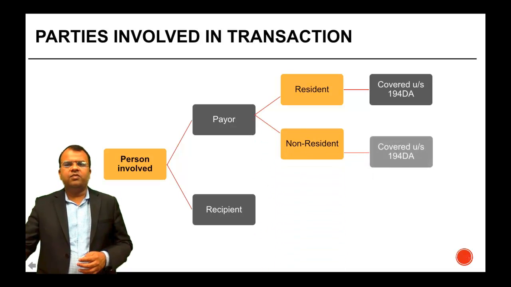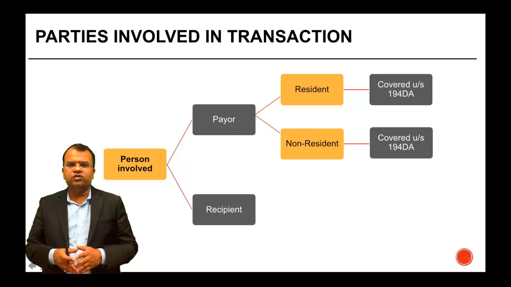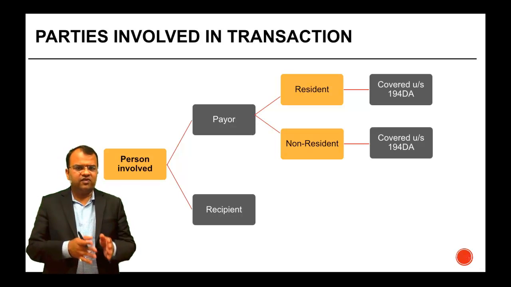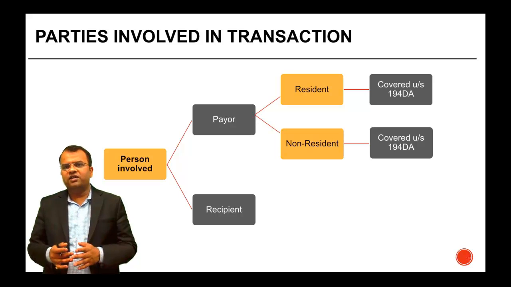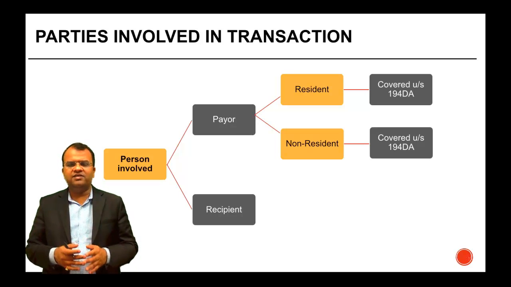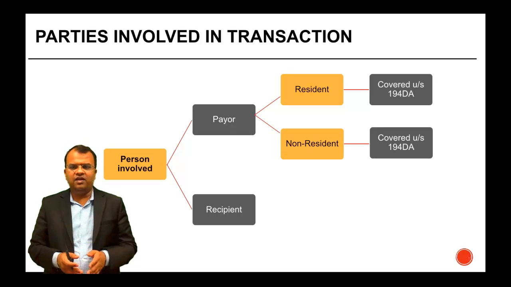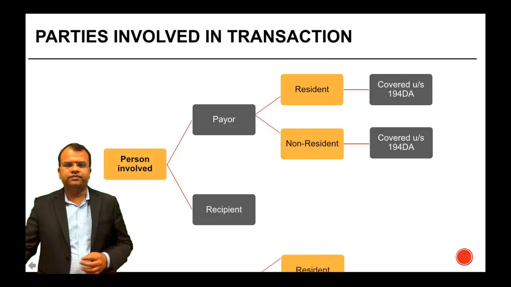The same is applicable in case of non-resident also. In other words, we can say that whether the person is a resident or a non-resident, if it is a payer who's covered under section 194DA, that is, he is making the payment which is covered under section 194DA, then he is under an obligation to withhold taxes.